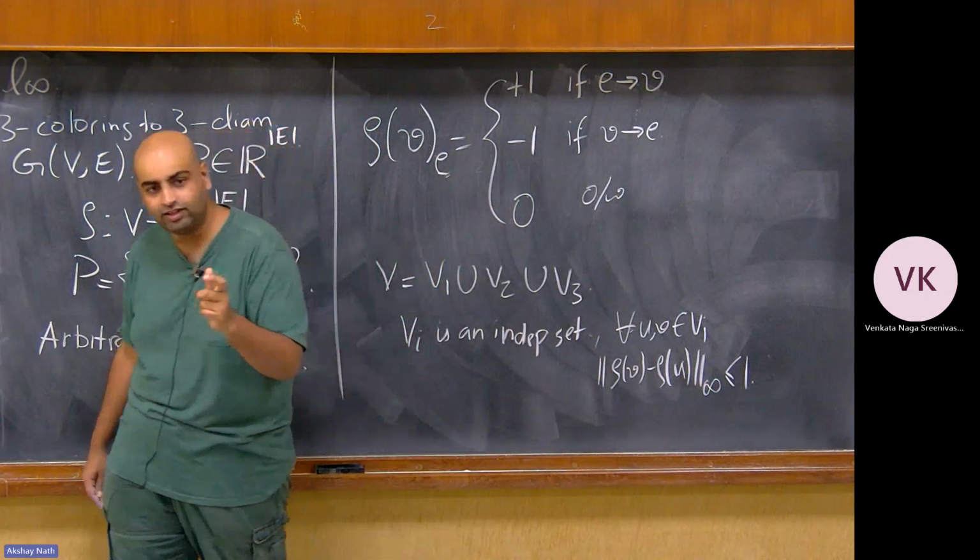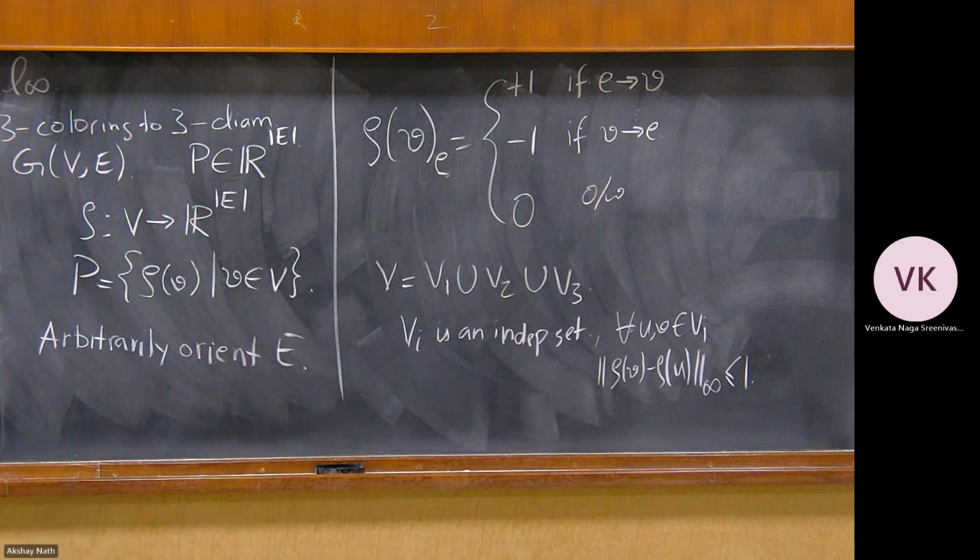So if the distance is less than 2, it must be 1. So we have 3 parts of the point set, and in each part, the diameter is at most 1. That means that those pairs of points correspond to a non-edge in the graph, because if they were an edge, their distance would be 2. Hence, we get that 1 versus 2 minus epsilon is NP-hard for 3 diameter in the L infinity metric.